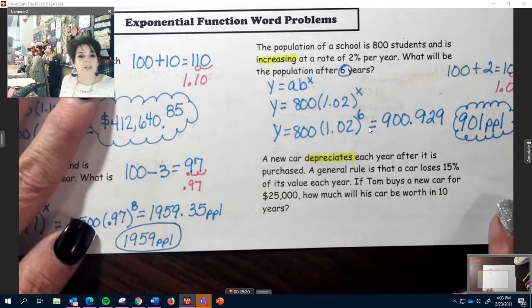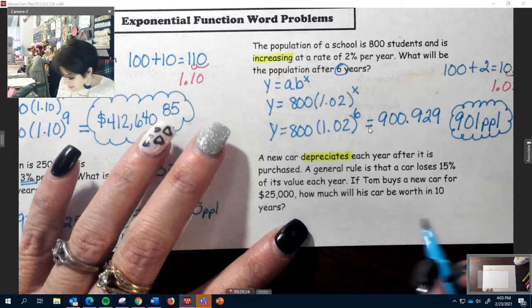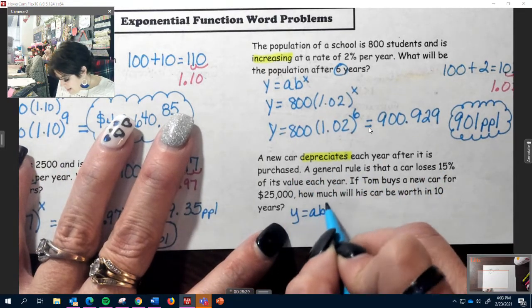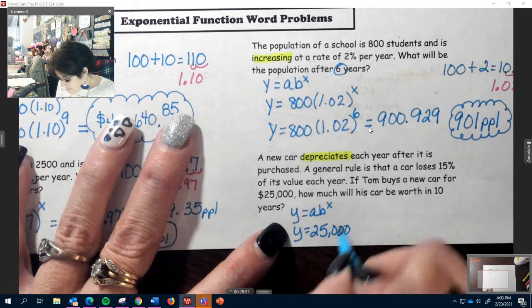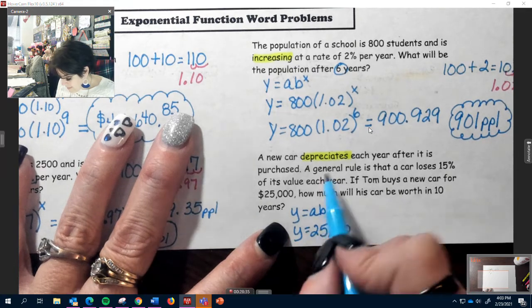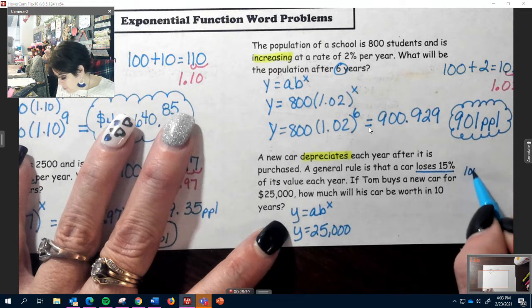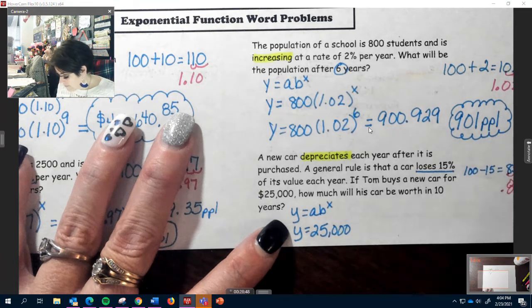All right, last one, the new car. You know they lose value the second you drive them off the lot. Here we go. A new car depreciates. So the rule is y equals a b to the x power. y equals the starting amount. The general rule is that the car loses 15%, so that's 100 minus 15, which is 85. Turn that into a decimal. That's 0.85.